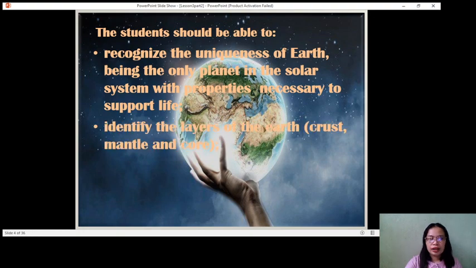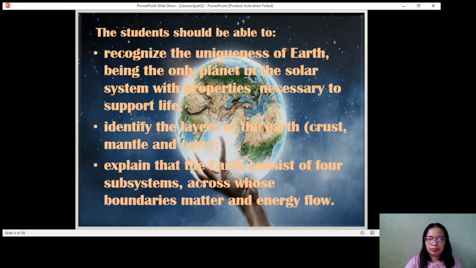Second, identify the layers of the Earth, which are the crust, mantle, and core. Last, explain that the Earth consists of 4 subsystems across its boundaries, matter, and energy flow.